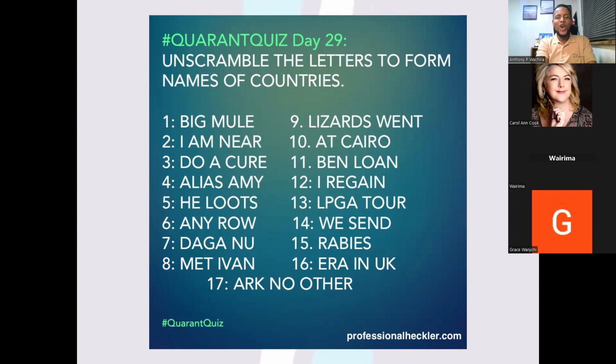Number 13 is Portugal. Cristiano Ronaldo. Anybody else? You're doing so well so far. 1, 2, 3, 4, 5, 6, 7, 8, 9, 10. Whoa, we already have 10, by the way. Let's see if we can get 2 more.